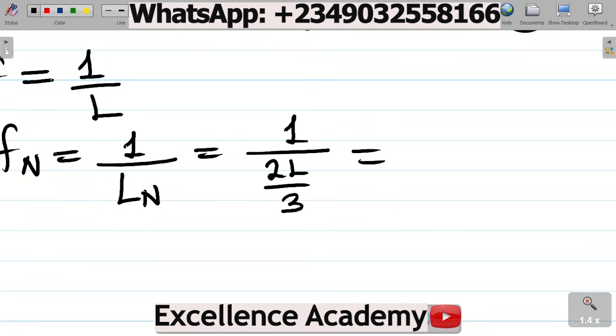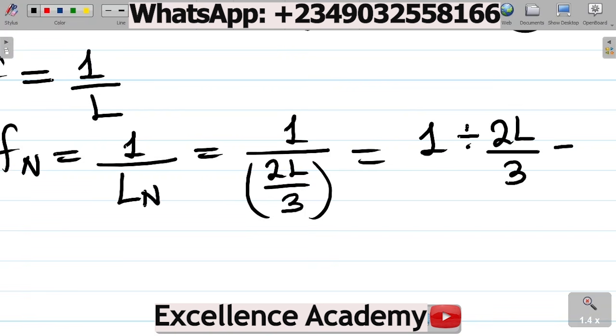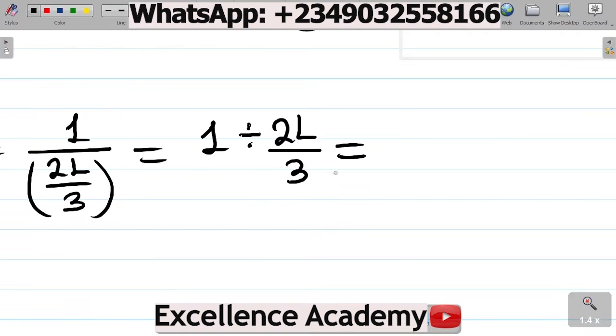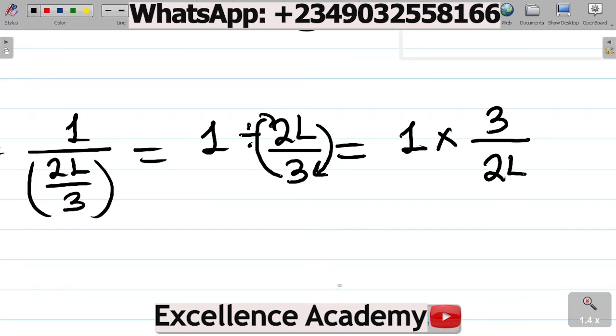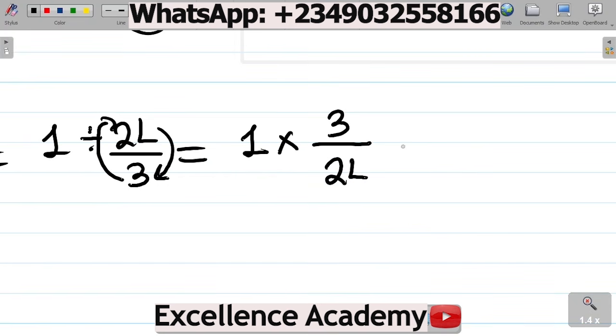Now, this becomes 1 divided by 2L over 3, and division changes to multiplication, so invert this: 3 goes up, 2L comes down, it becomes 3 all over 2L. If you work on this, 1 times 3 gives you 3 all over 2L.